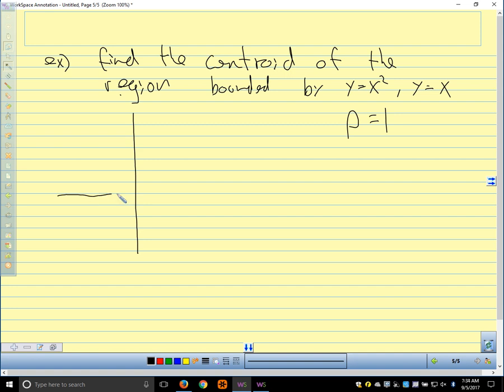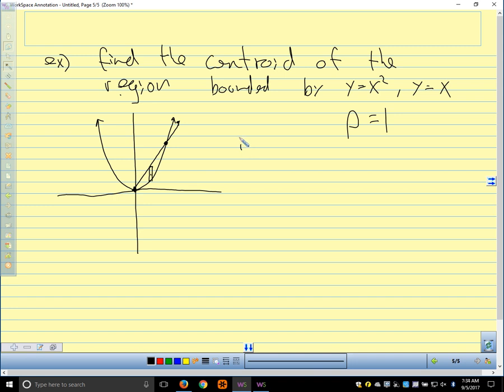Well, let's draw a picture here. There's y equals x squared. There's y equals x. So we're talking about this little region. We want the center of mass of that little region. So if it helps you visualize, there's my little rectangle. What are these points? 0 and 1.